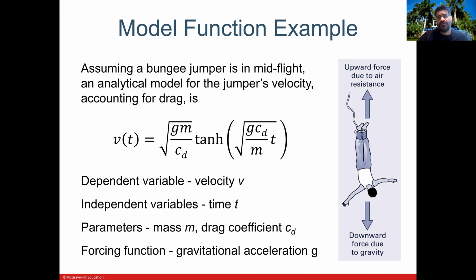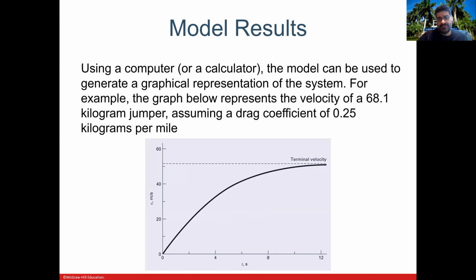So if you were to plot this equation and look at the graphical solution, you can plot this velocity versus time, with time from 0 to 12 seconds, and you can see the terminal velocity, and how it asymptotes at a certain velocity, probably around 50-plus meters per second, as it goes with time.